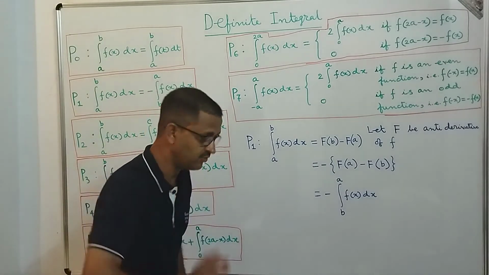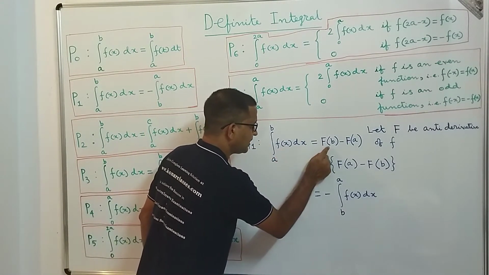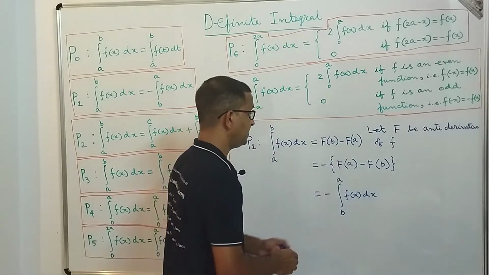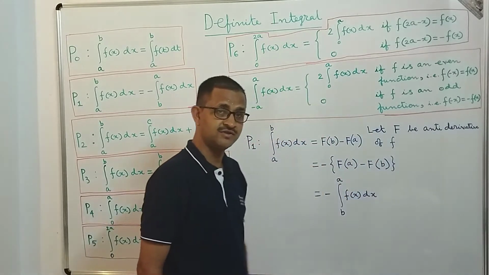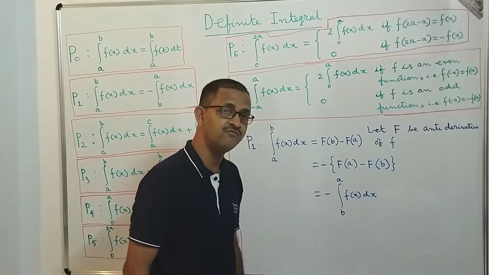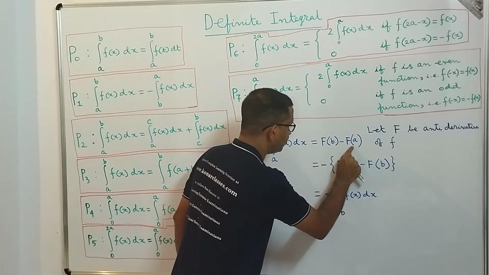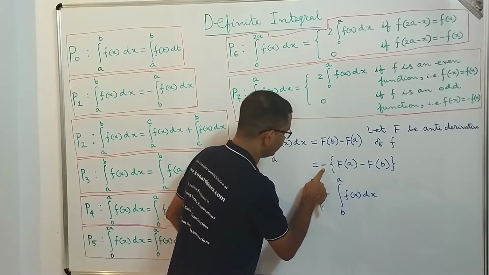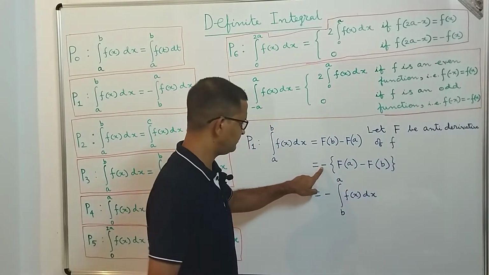Let me repeat once more. Integration a to b f(x) dx is equal to capital F(b) minus capital F(a), where capital F is the antiderivative of lowercase f, and that we are getting from the second fundamental theorem of integral calculus. Now capital F(b) minus capital F(a) is equal to minus of capital F(a) minus capital F(b), just rearranging.